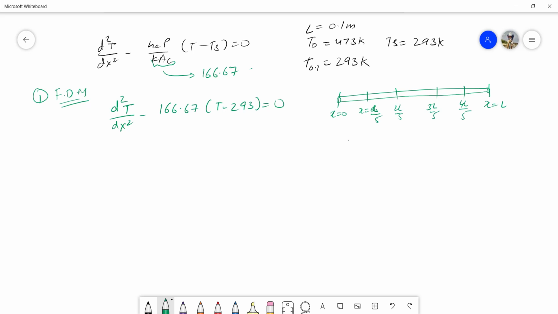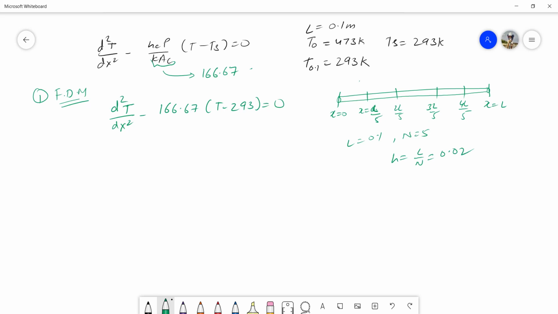So the total length is 0.1, and we have 5 sections. So h is L by N, and the step size is 0.02. Clear?